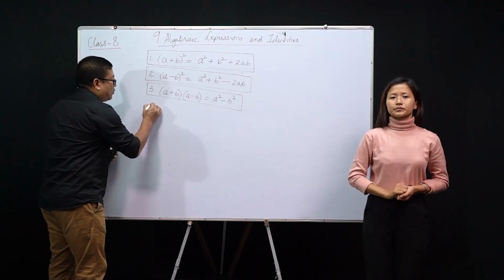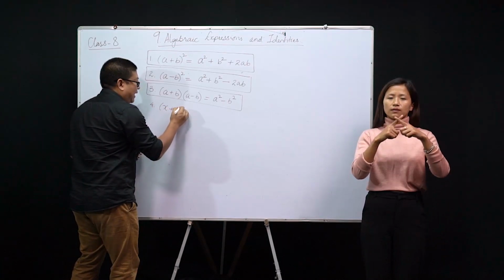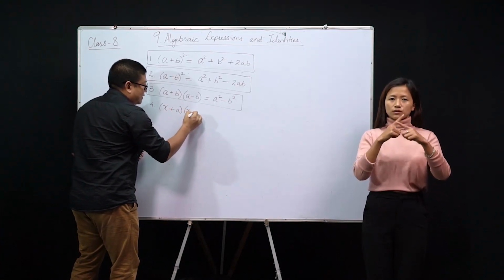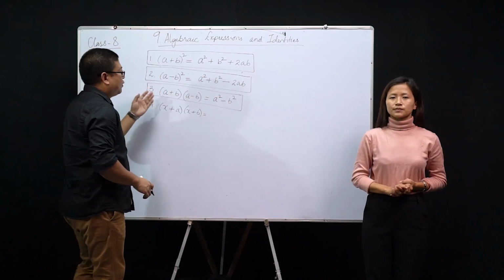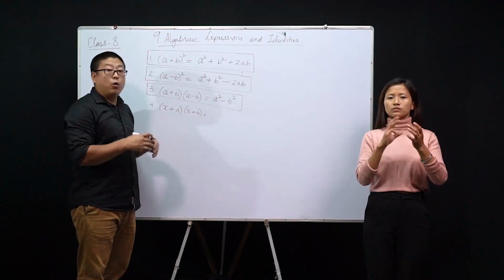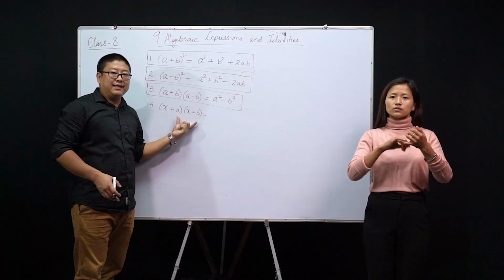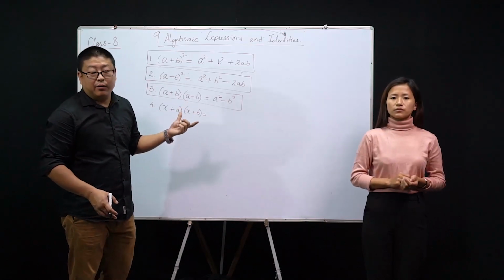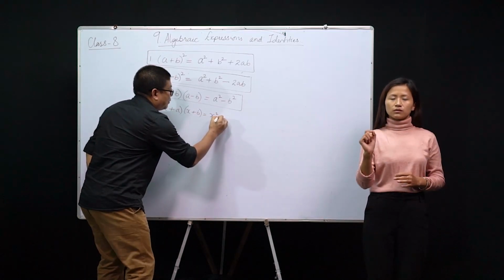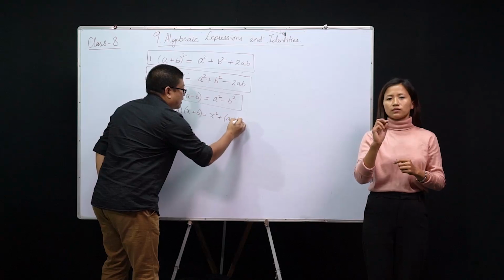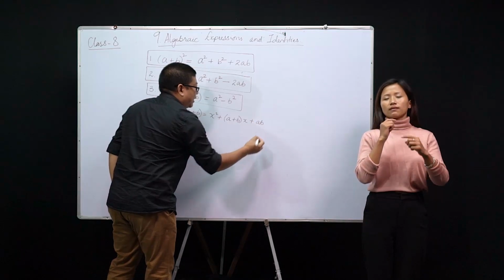And there's one more formula that you have to memorize, that is (x + a) into (x + b). Now this formula may not be applicable in many cases, but sometimes a situation will arise where you will have to use this particular formula. You simply write it as x square plus (a + b) into x plus ab.